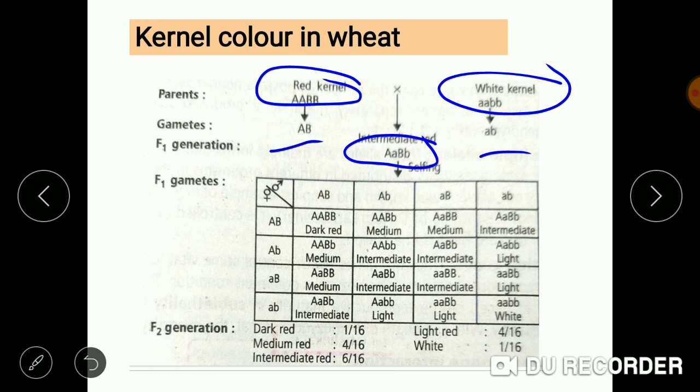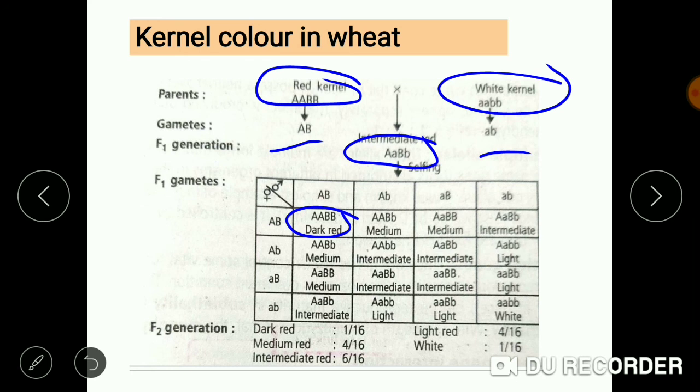Now we will perform the selfing between the F1 plants, and during the selfing we will be performing the crosses between the gametes. Now here you can see capital A, capital B is for dark red color, and capital A, capital B, small b is representing a medium red color.